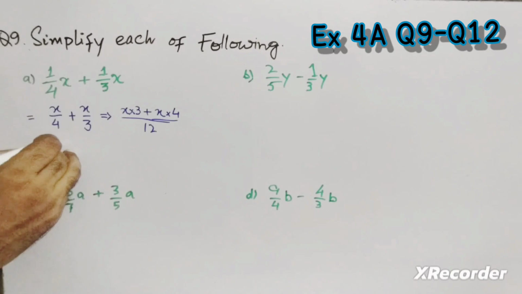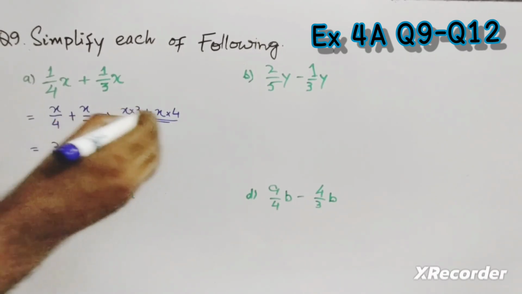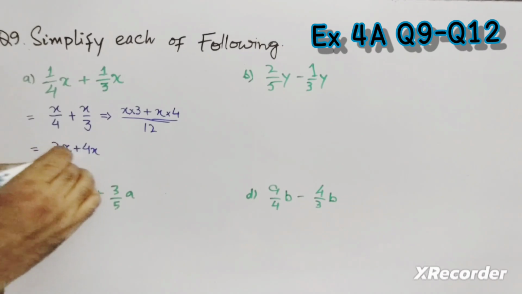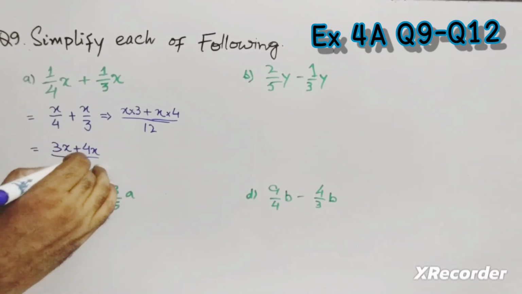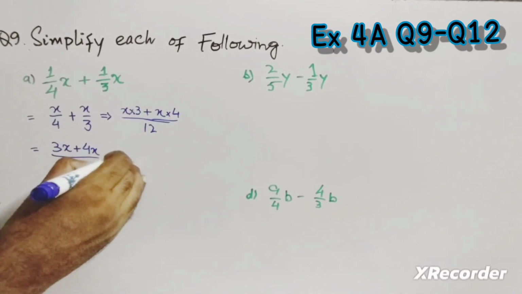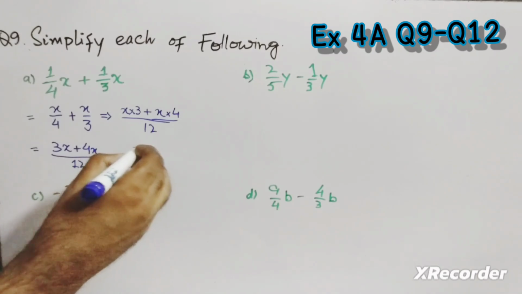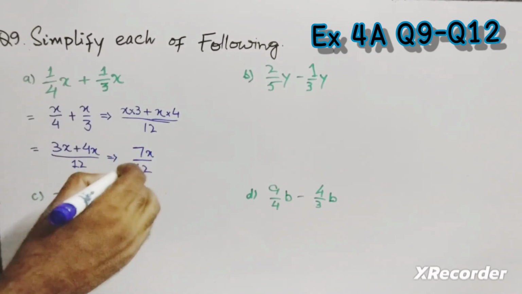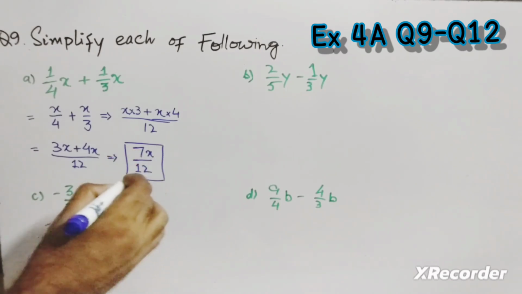What we get is 3x plus 4x upon 12, or we can write this 3x plus 4x is 7x upon 12. That is our required answer.